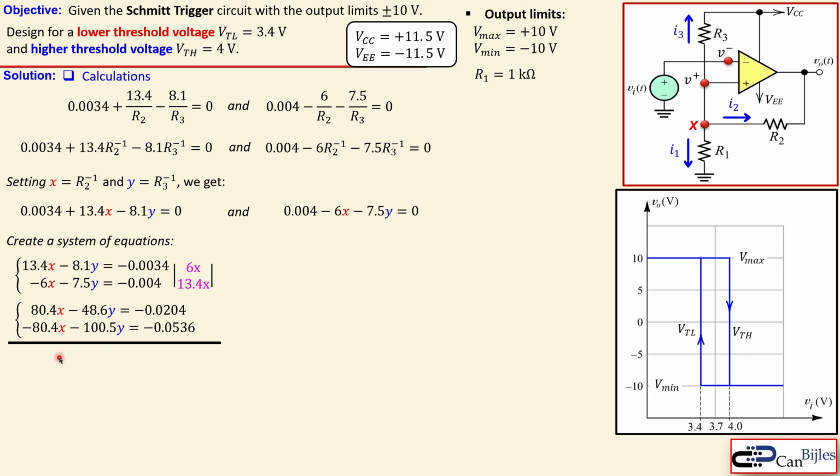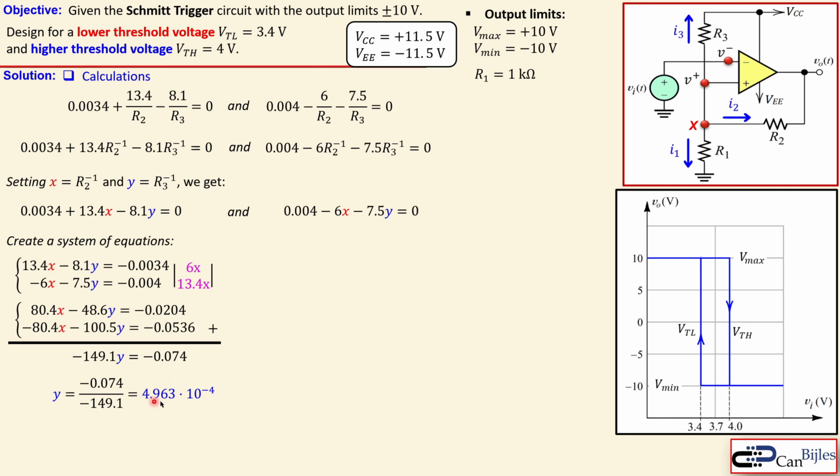So I will get rid of this x exactly as we wanted, and I have only the y, which is now adding here together, will be minus 149.1 y is equal to, the addition of these two will be still negative. Then the y will be minus 0.074 over minus 149.1, which is a very small value.